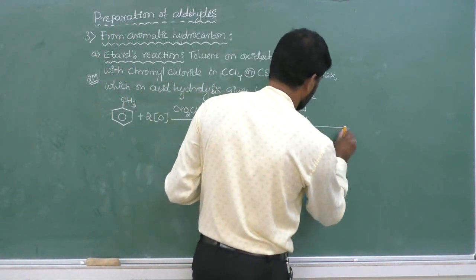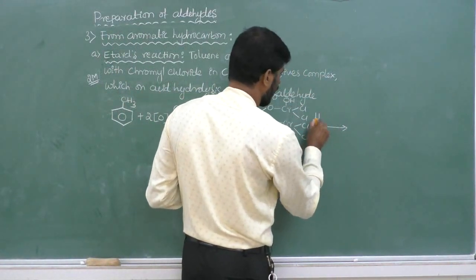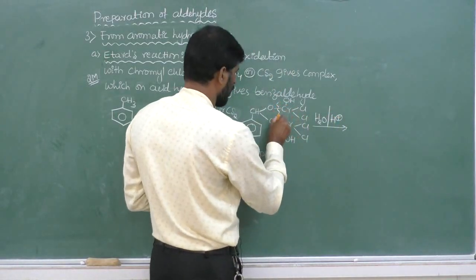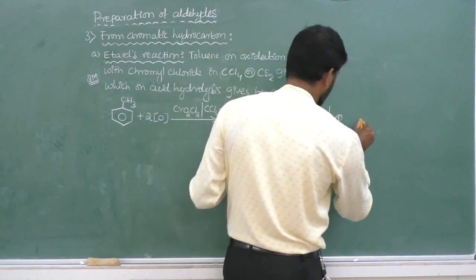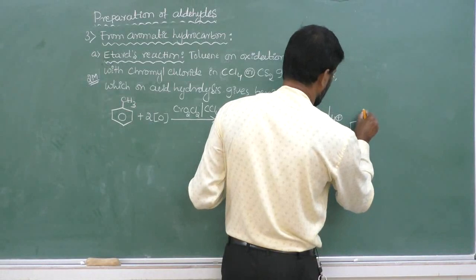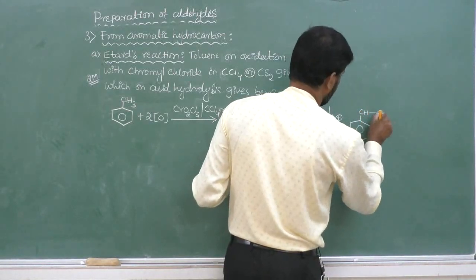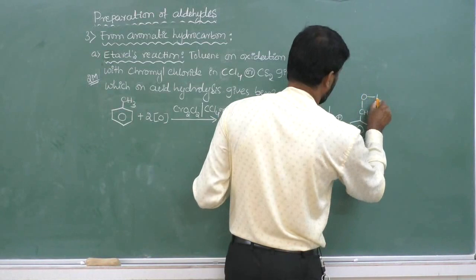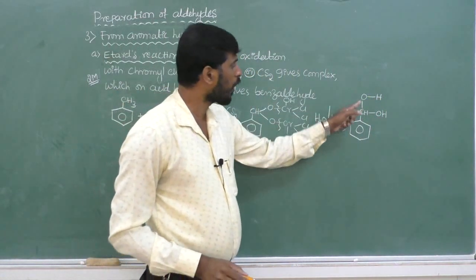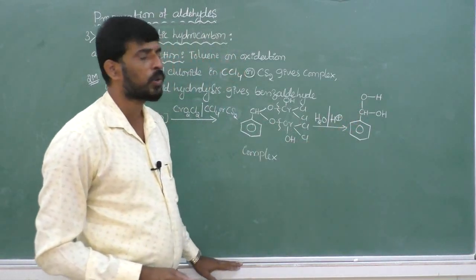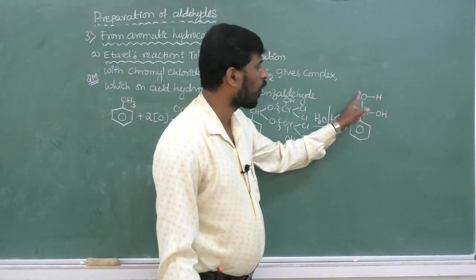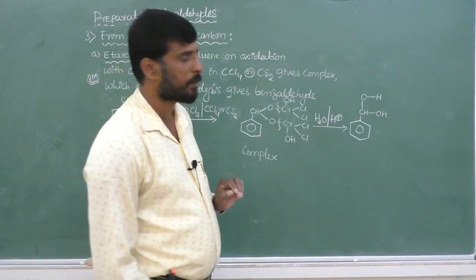This complex on acid hydrolysis, breaking the molecule by using water, breaks like this and gives an unstable compound. This is an unstable compound called a gem-dihydroxy compound. That means the 2 OH groups are directly attached to the same carbon atom. It is highly unstable.